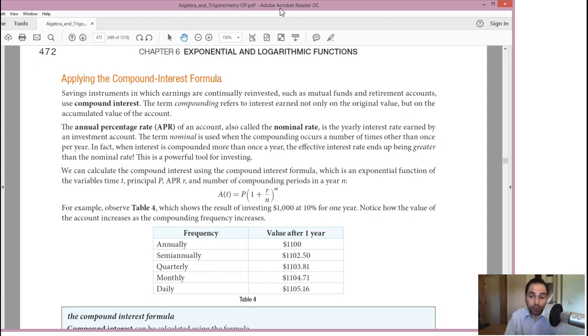Those are great problems. We will talk about them after this video, and then we will come back here and talk about the compound interest formula and all of these things we find over here.